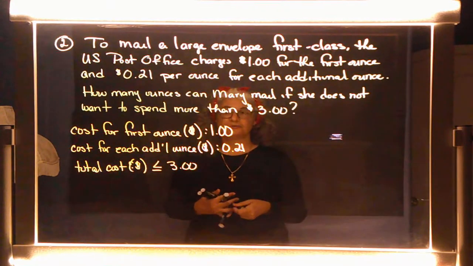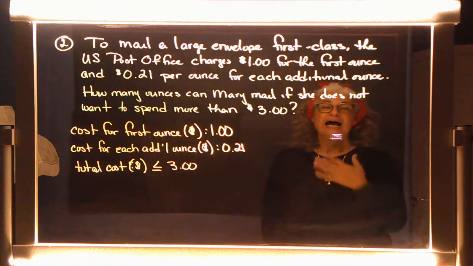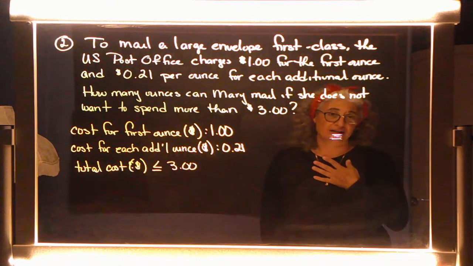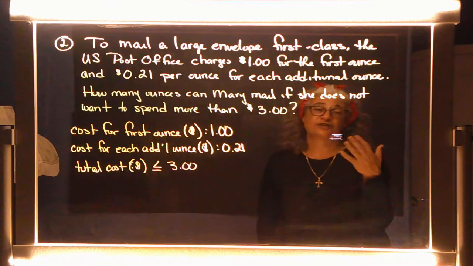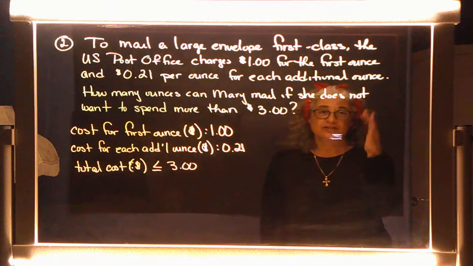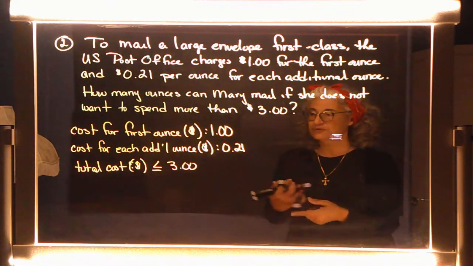Okay, so forget the numbers. Let's talk this through. How would we figure out how much this large envelope would cost us? What would we have to do to figure it out for ourselves? Forget the numbers. Just talk me through it. Good. So we get the cost of the first ounce, right?